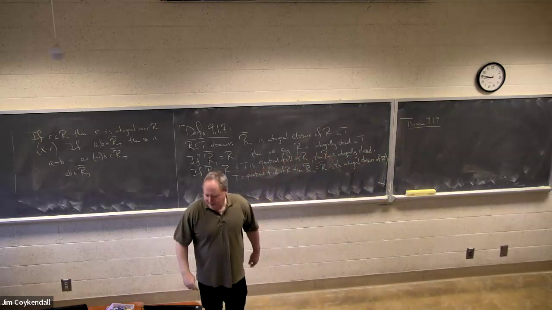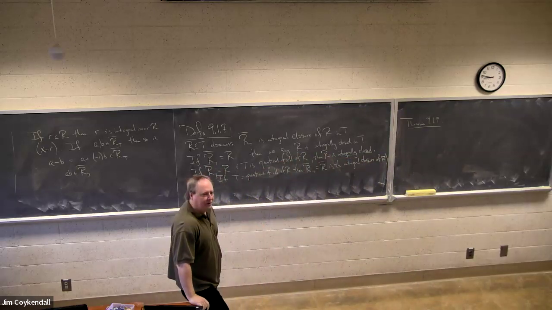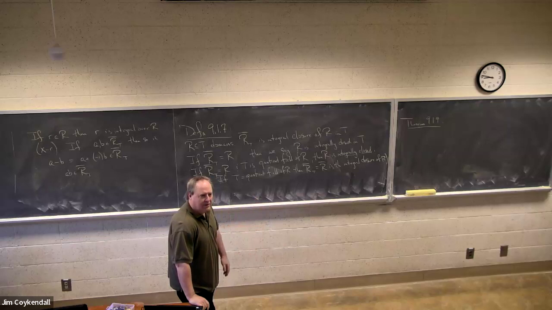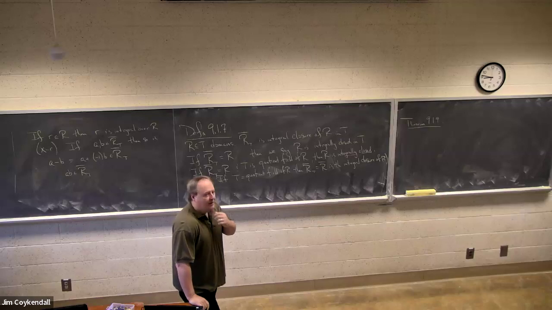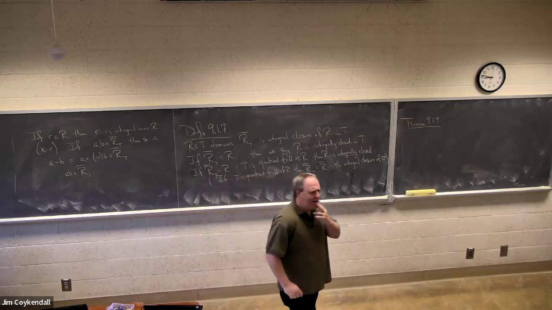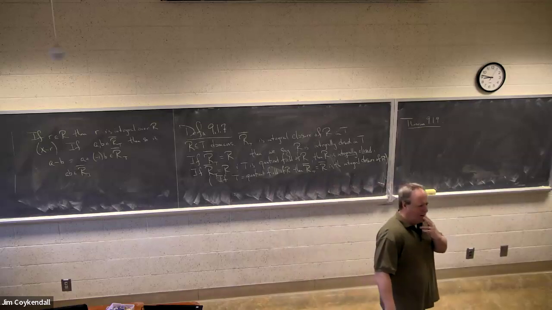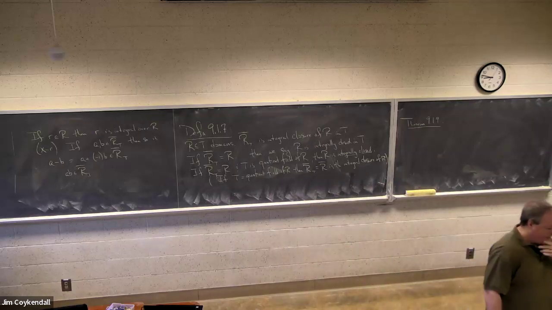By the way, can anybody give me an example of a ring that's integrally closed? That is, taking its integral closure, you don't get anything new. If R is Z mod two, then the integral closure is always a field.